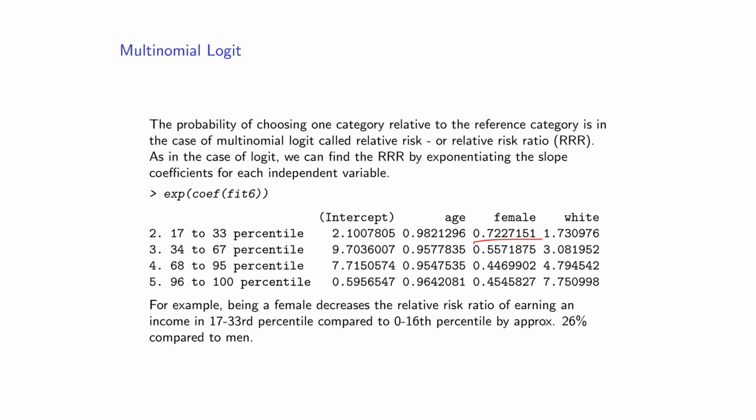So for example, the relative risk ratio for females of being in the second category compared to the lowest income category is decreased by roughly 26%. Or the relative risk ratio for whites to be in the highest income category compared to the lowest income category is 7.8 times higher, or 678% higher. That is, of course, a sizable effect.